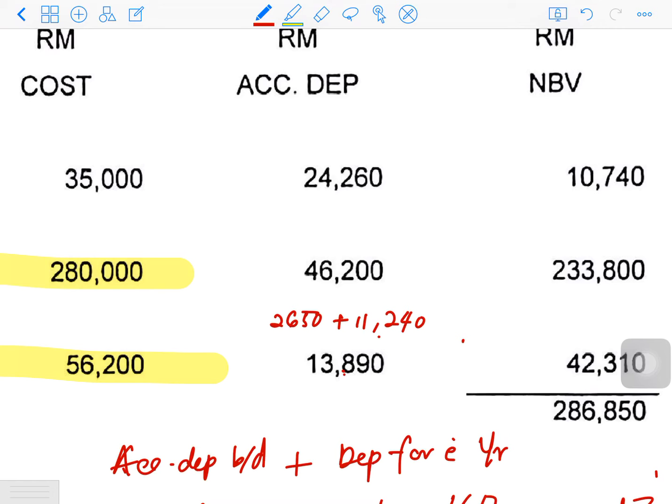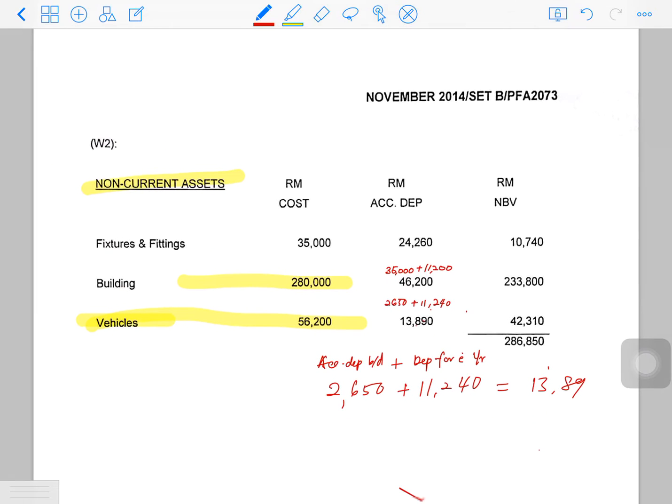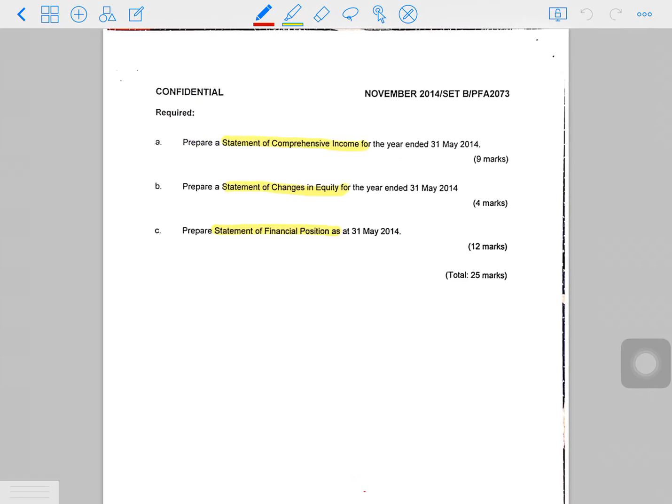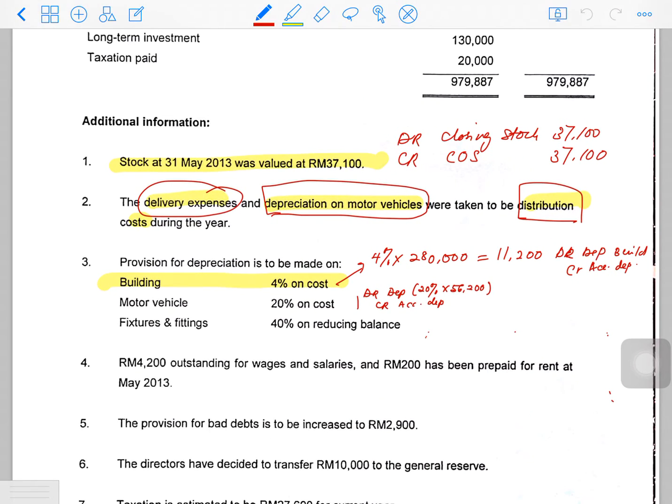Okay, now let's take a look at the next item for adjustment, which would be depreciation of fixtures.